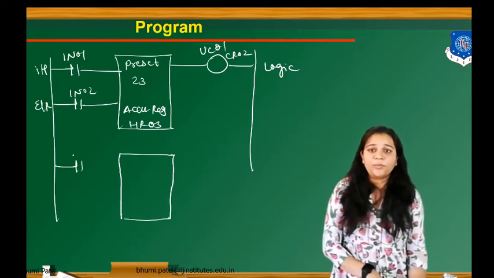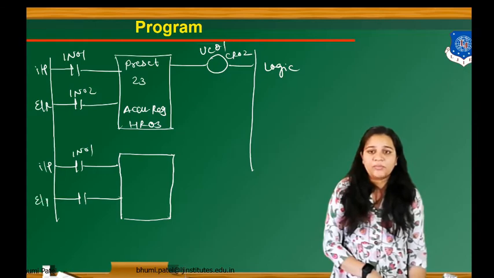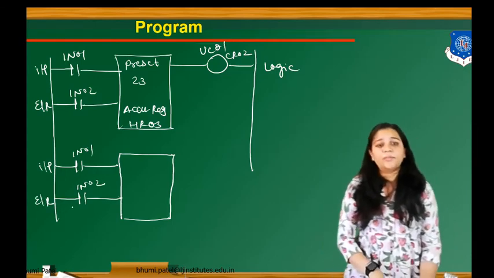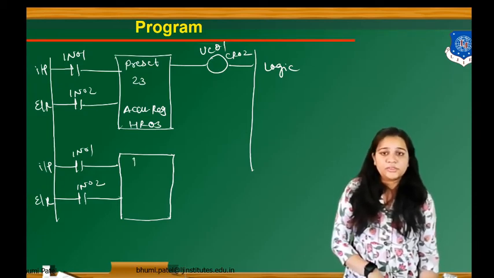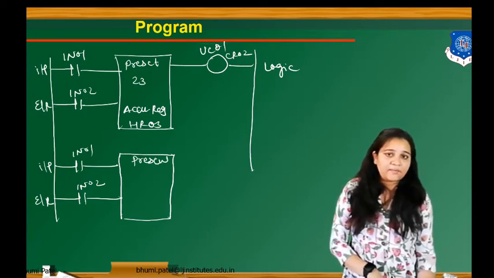So same input, same name will be taken for the second counter. So this is my input signal, this is my enable and reset pin, and the name of the enable and reset pin is IN02.